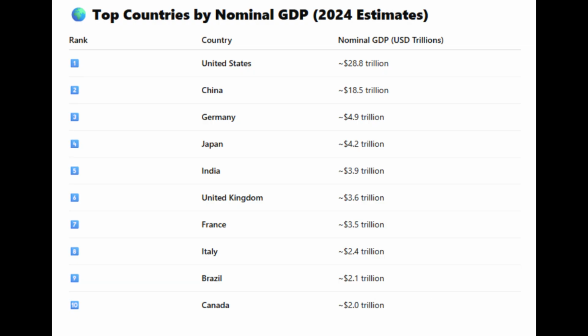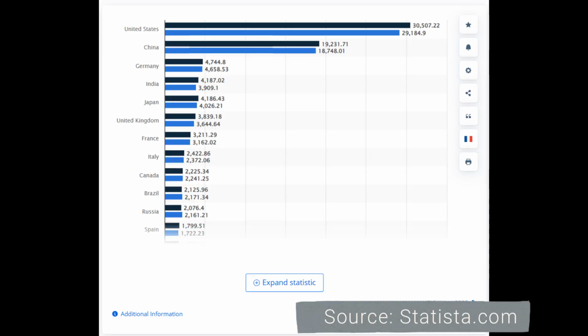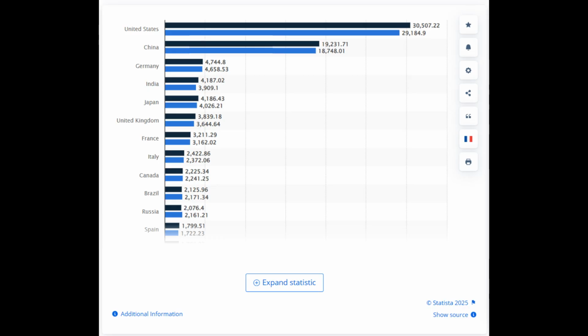So GDP, you have the United States at about 29 trillion. You have China at 18.5 trillion. Germany at almost 5 trillion. Japan, 4 trillion. India, 4 trillion. United Kingdom, 3.6, etc. So you can get a sense of how large some of these economies are in the world when you're calculating GDP.